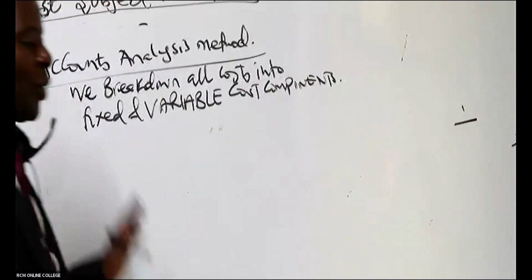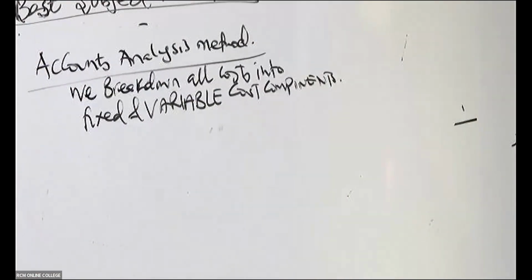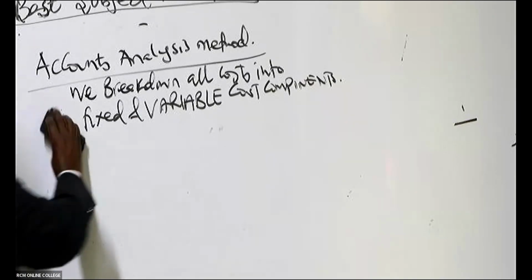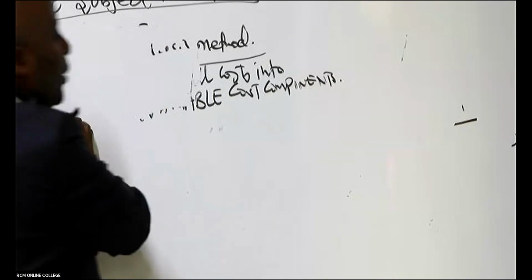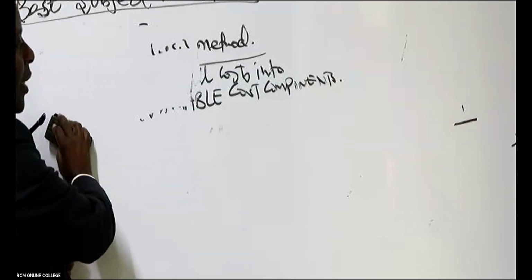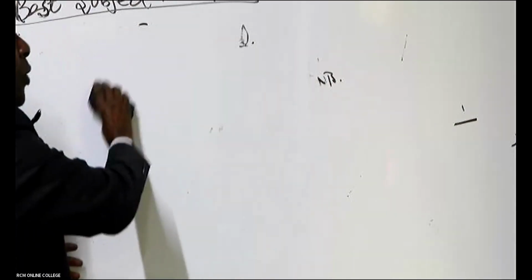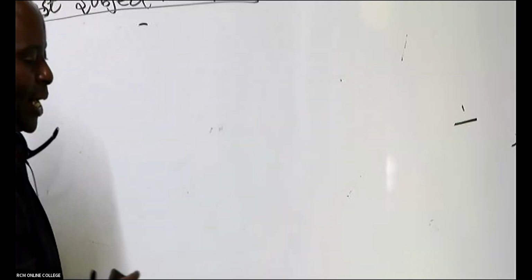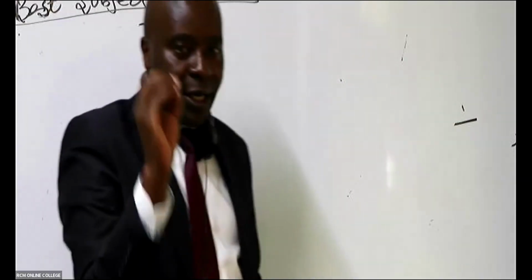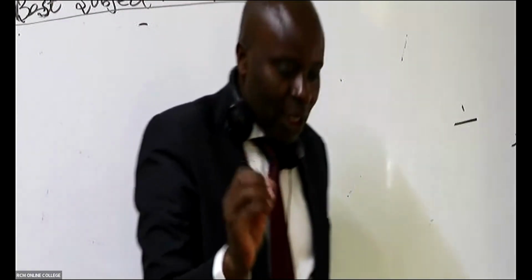Once you understand that, then you have understood the entire concept. So first of all, I will give you a simple illustration, and then we shall look at a past paper question. What have we said about the account analysis method? We shall break down all costs into their fixed and variable cost components. Just that.